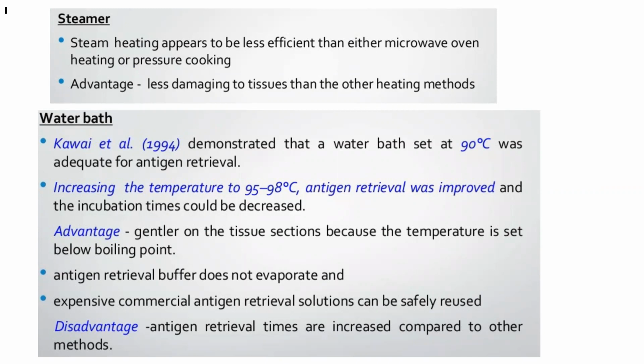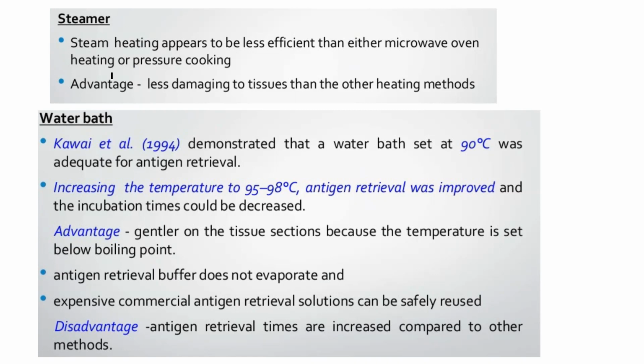Then the third technique is the steam technique. Steam is very ideal compared to the previous two techniques. By subjecting the tissue to steam, there will be minimal damage to the tissue, and it is the most efficient form of antigen retrieval technique compared to the previous two.